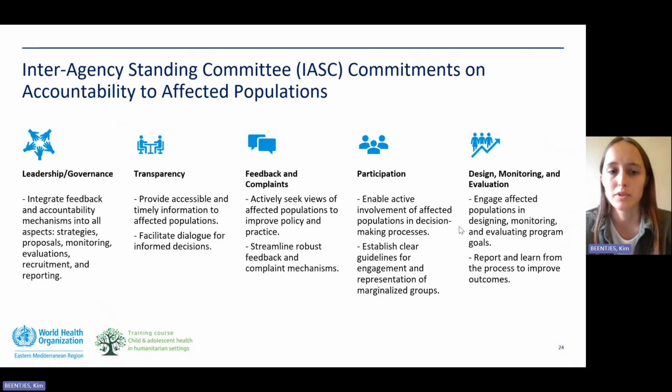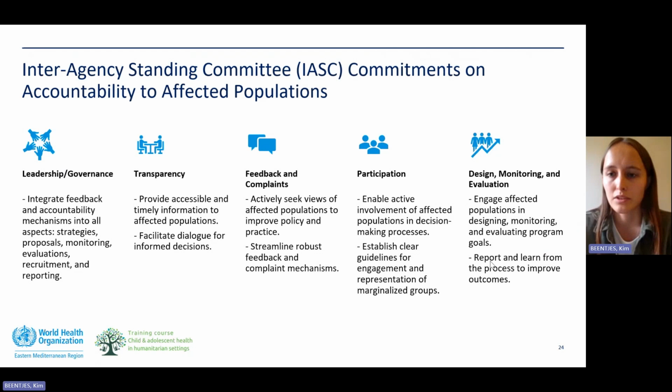This includes leadership and governance. It includes transparency, feedback and complaints, participation, and also design, monitoring, and evaluation, engaging affected populations in M&E and reporting and learning from the process to improve outcomes.